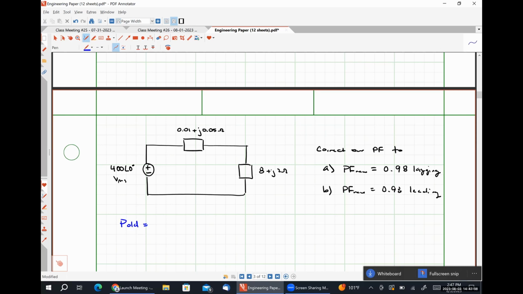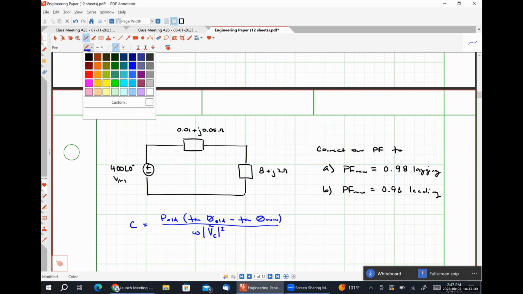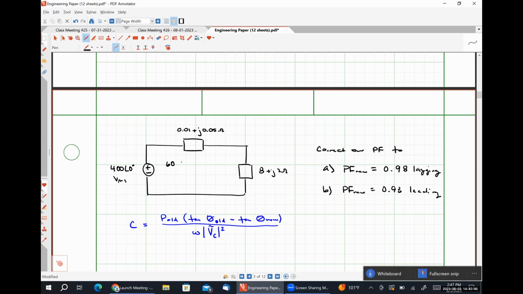And these are actually going to require P old, excuse me, C. Sorry, getting ahead of myself. C equals P old times the tangent of theta old minus the tangent of theta new, divided by omega times the magnitude of the voltage drop across our capacitor squared. And the only other piece of information that I'm going to add is that it is operating at a frequency of 60 hertz. Actually, let me put it down here.